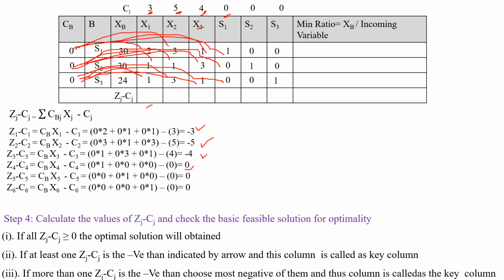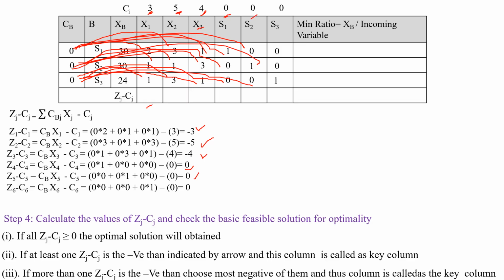Next, Z5 minus C5 for the S2 variable is 0 into 0 plus 0 into 1 plus 0 into 0 minus 0, which is 0.